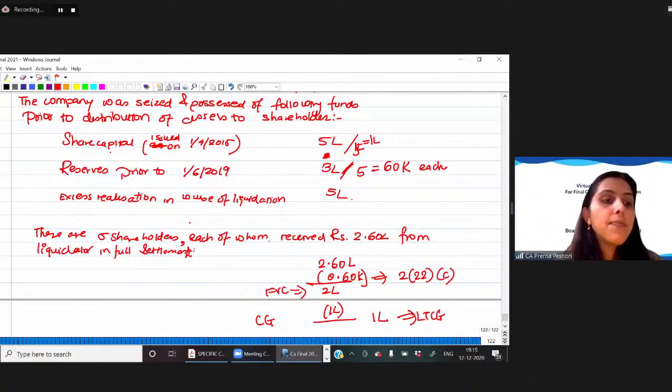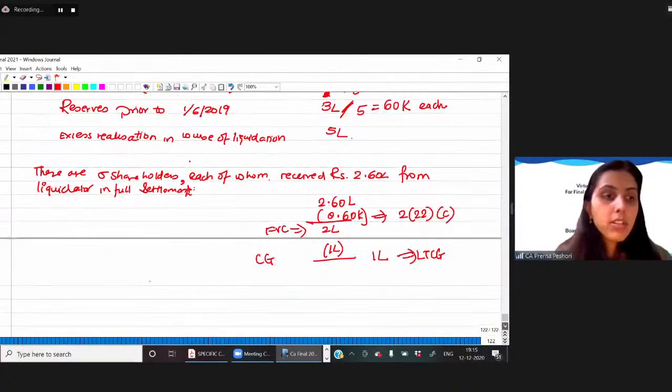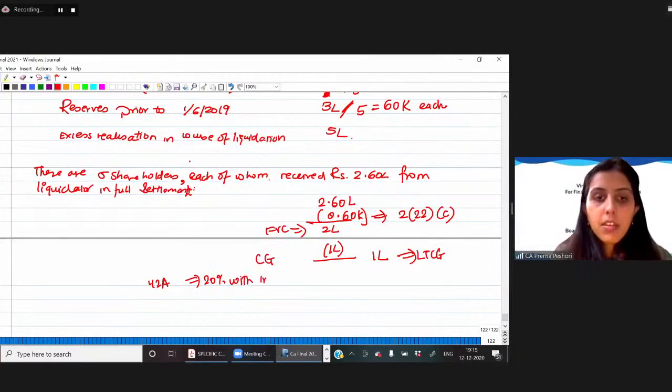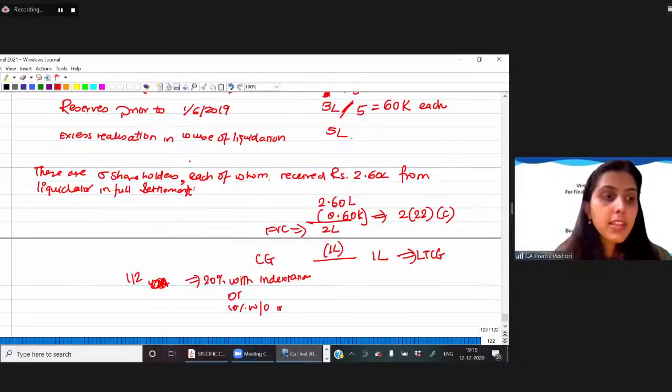Is it clear? And what will be the tax rate in this particular case? This will be taxed under 112, right? So 20% with indexation. Sorry, not 112A, 112. Or 10% without indexation.